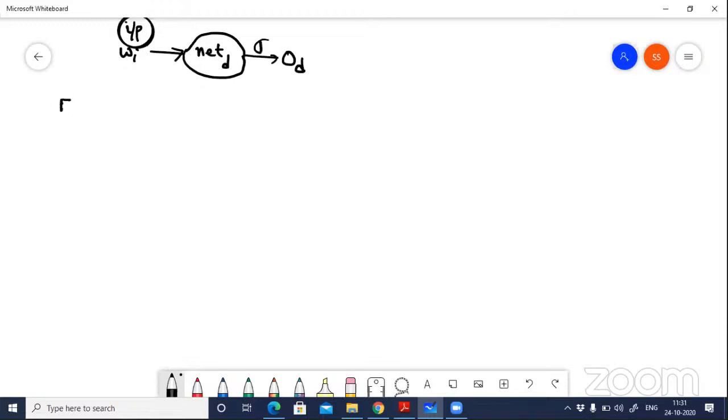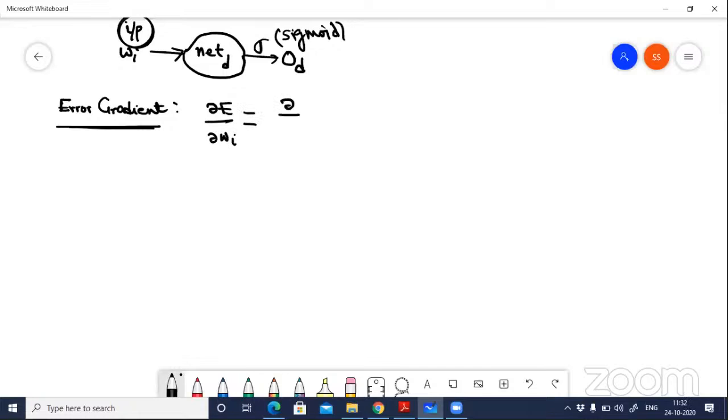What I'm now telling you is the error gradient. We will talk about this error gradient again in relation to that particular sigmoid unit, this sigmoid activation. So this is the error gradient. Now you know that this is just a regularization term, and this 1/2 comes out.